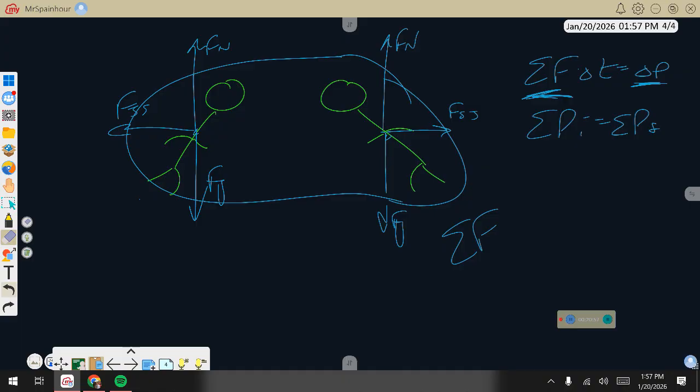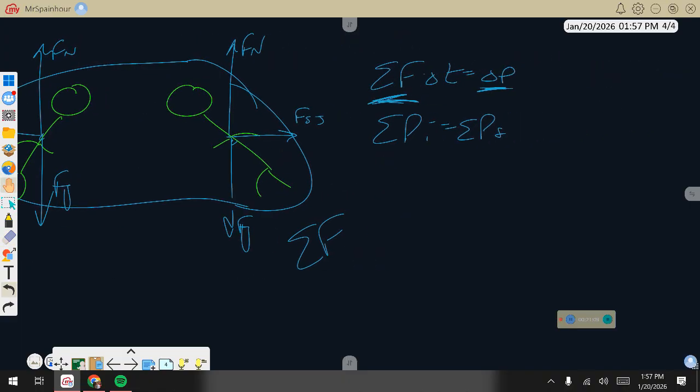Can they individually trade around? Sure, and they do, but all the initials will equal all the finals. Or here's another way to put that: in this second equation, the total change in momentum is 0. You add up all of them and you get 5, and you add up all of them at the end, you get 5. There has not been a change between these two.